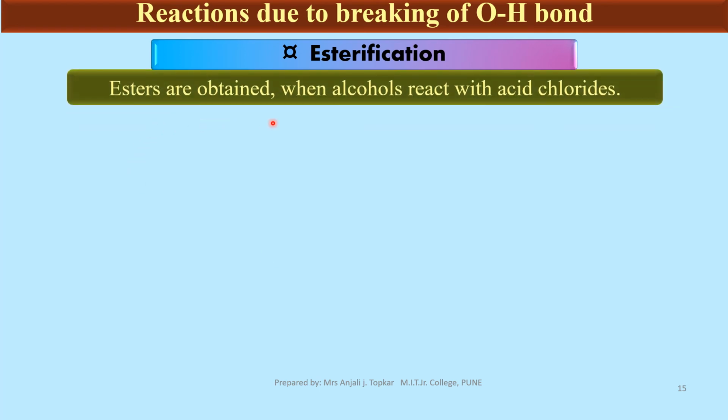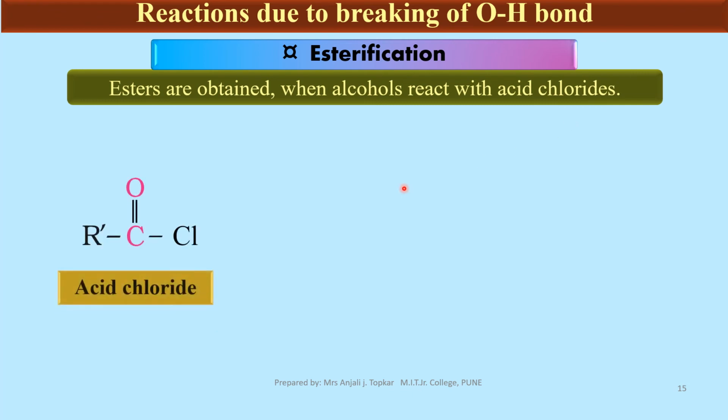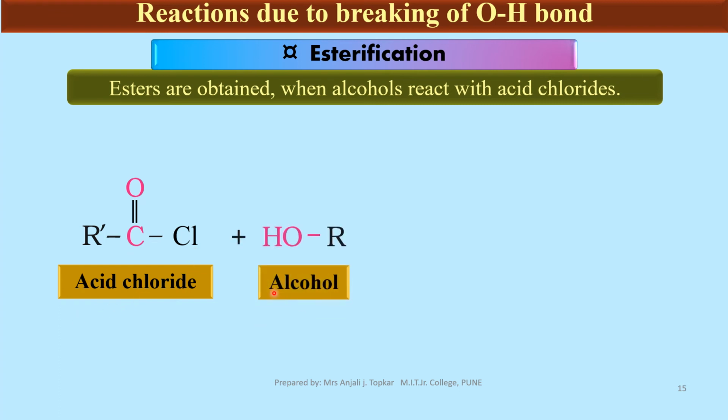Esters are obtained when alcohols react with acid chlorides. Let's see how. RC double bond O single bond Cl is acid chloride. When it is treated with alcohols, the reaction takes place in the presence of the base, that is pyridine. As shown here, HCl is removed and oxygen gets bonded to this carbon atom to form ester.